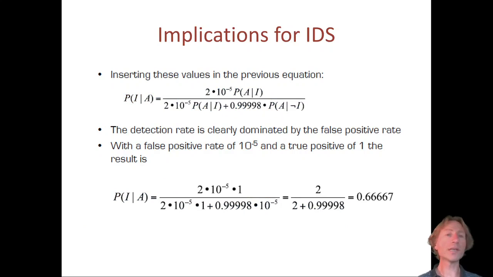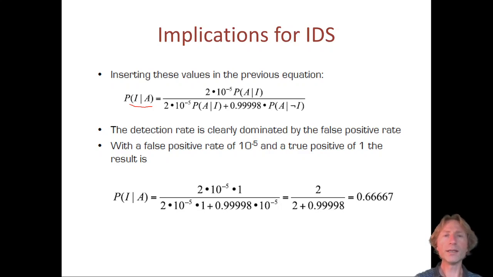Now, we do the same exercise again. We use Bayes' theorem, we fill in the numbers, and we see that the probability of there being an attack, given that we raised an alarm, is 2 times 10 to the power minus 5, relatively small, times the probability of there being an alarm, given that there's an intrusion, which we know.